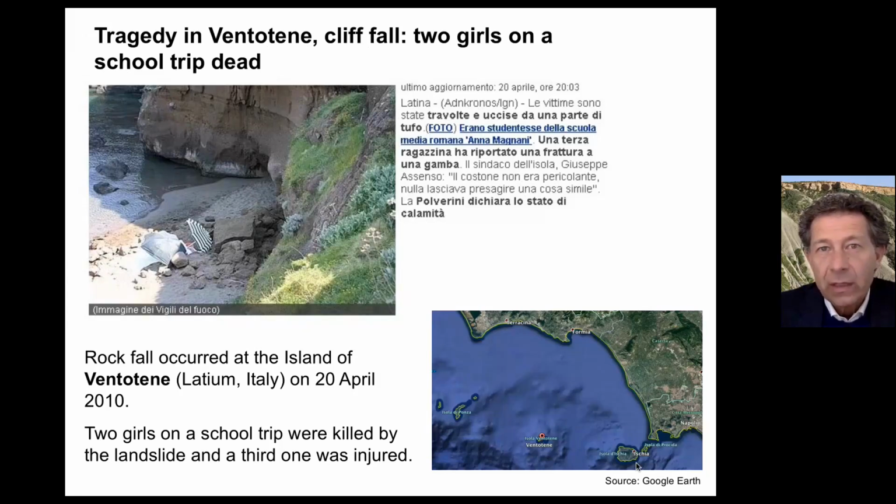So this shows the degree of unpredictability of these kinds of landslides, and that also small detachments can cause the death of people. And this landslide occurred in April. If it had happened during the summer period, probably the number of victims would have been much higher.